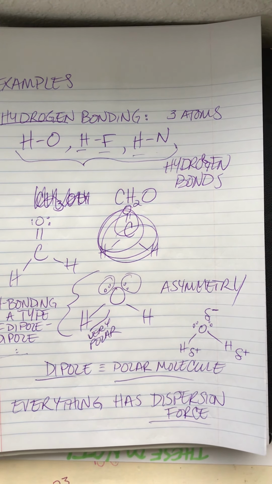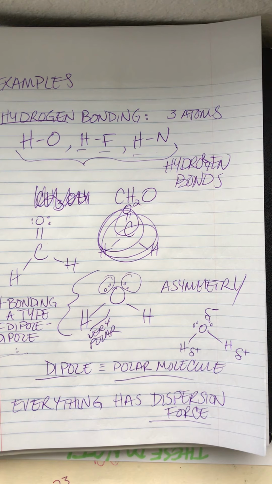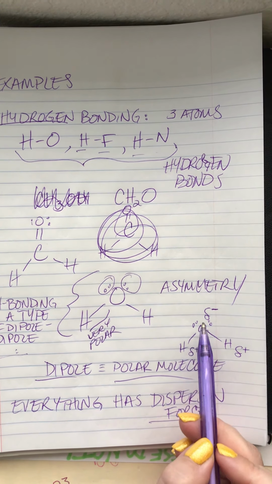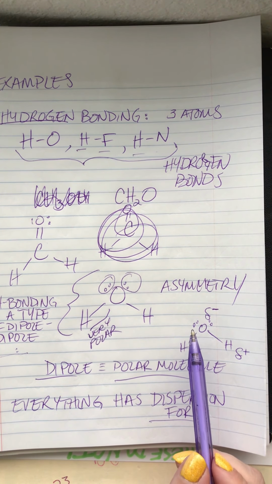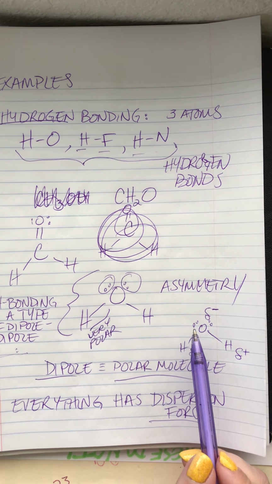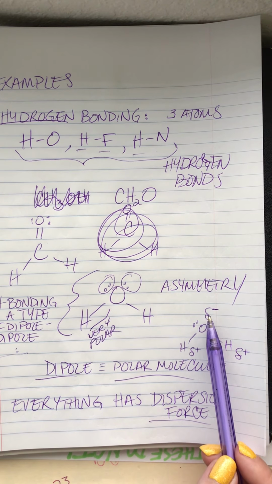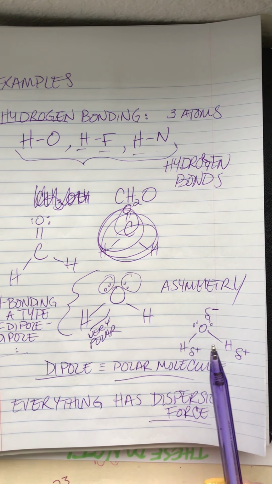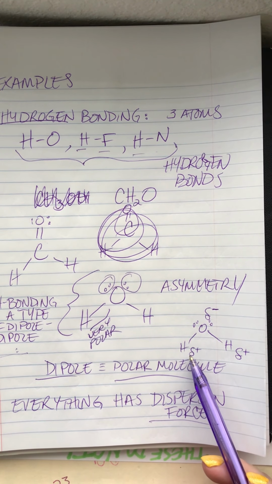And just to reiterate what we're talking about in hydrogen bonding, these partial negatives and partial positives are so strong because oxygen is so electronegative that the partial negative on this molecule is strong enough to attract the partial positive on the hydrogens of other water molecules.